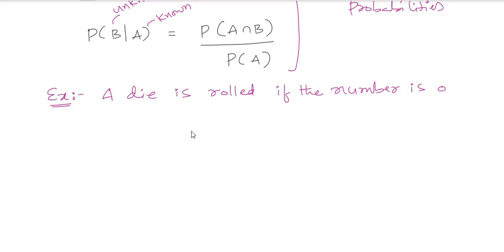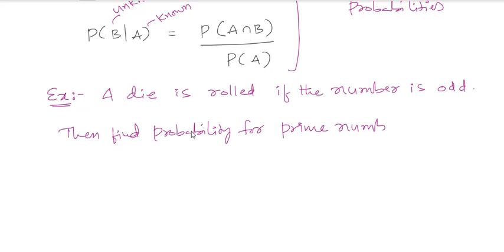If the number is odd, then find the probability for a prime number. This is the question. Understand this question and give me the solution for that.